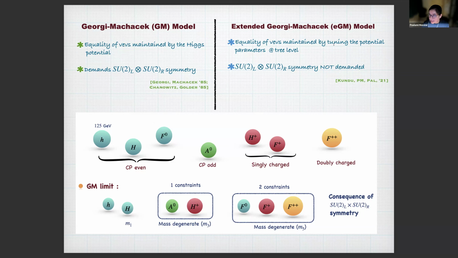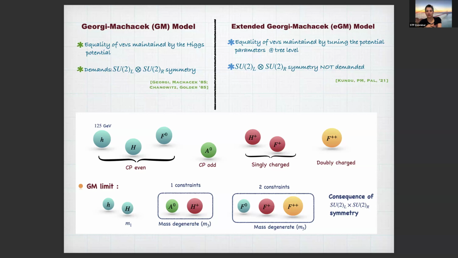You write down the minimization equations, you put Vχ equal to Vξ there, and from that you get some coupling relations which lead you to the rho equal to 1 scenario. As I told, the GM model demands SU(2) plus SU(2) symmetry of the potential at tree level, but in the extended Georgi-Machacek model, we do not demand that symmetry.